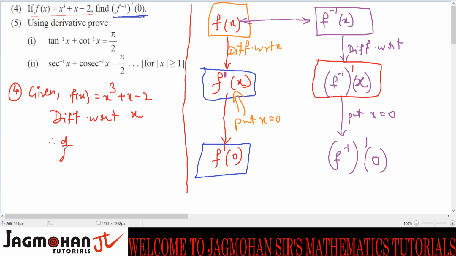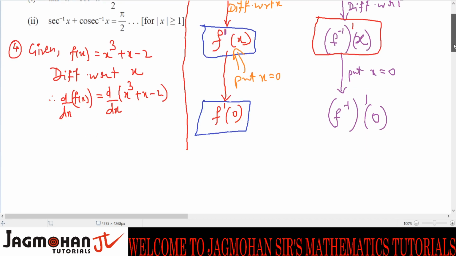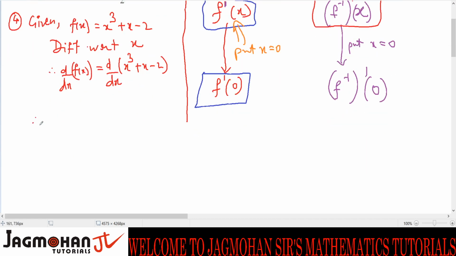So d by dx of f of x equals d by dx of x cube plus x minus 2. Therefore f dash of x equals the derivative of x cube, 3x squared, plus derivative of x, 1, minus 0, as the derivative of 2 is 0. So f dash x equals 3x squared plus 1.